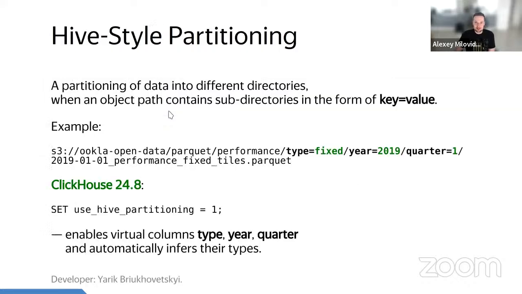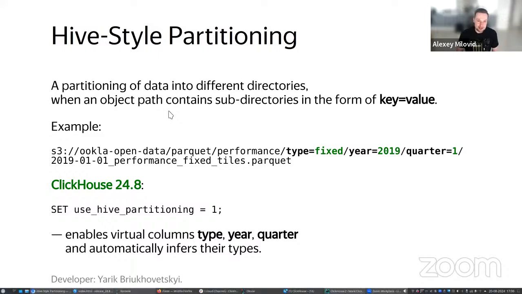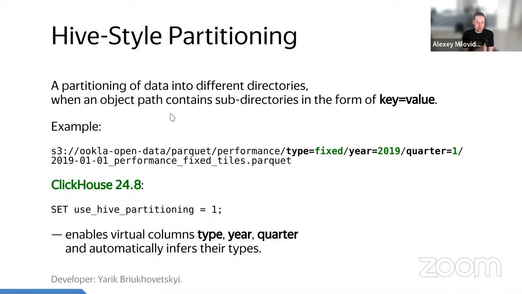And yet another feature. I know many of you waited for it for a long time, and now we have it. Support for Hive-style partitioning. So what is it? Hive-style partitioning is a way to place the data across different directories in a file system or in S3 or in HDFS, where you have subdirectories in the form of key equals value.